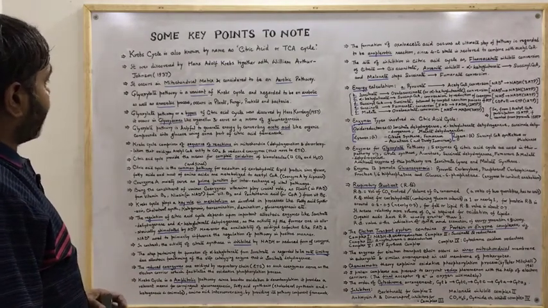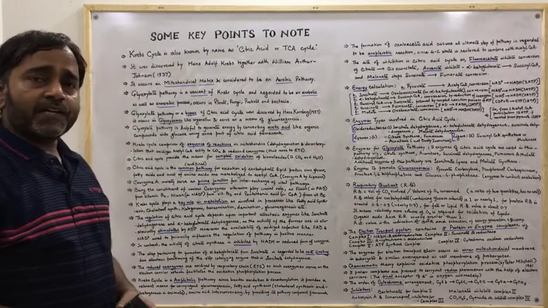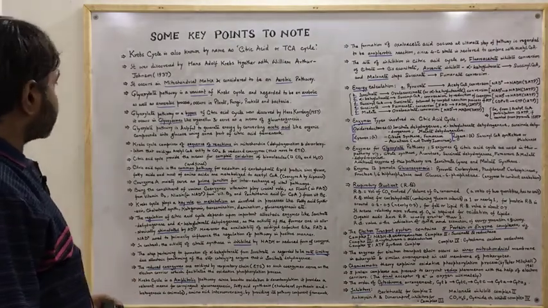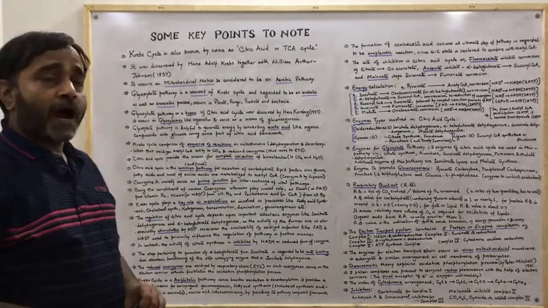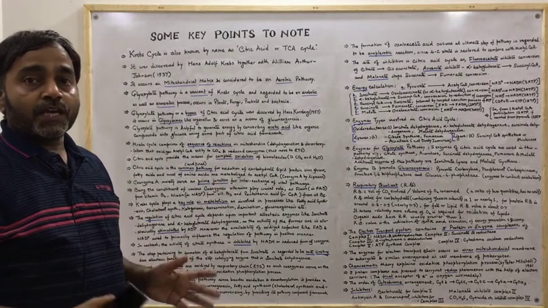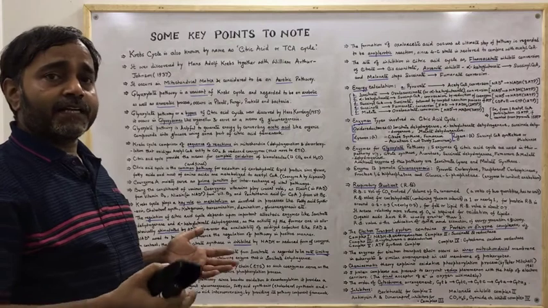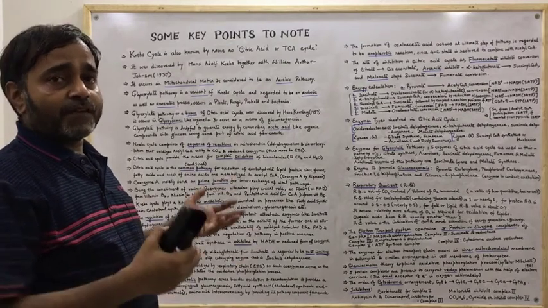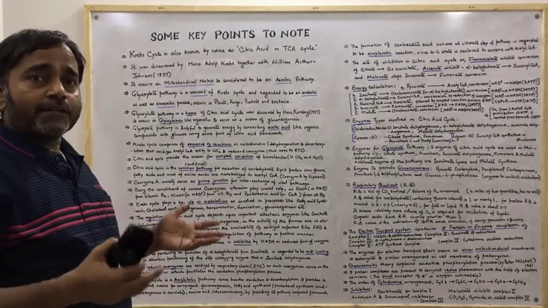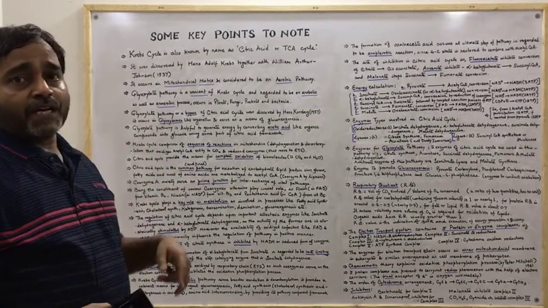Now what is the next point? Glyoxylate pathway is helpful to generate energy by converting acetic acid like organic compounds into glucose using some part of the citric acid framework. This point is very important because if you see the citric acid framework, the carbon skeleton, or you may say the basic framework of Krebs cycle is used, particularly in case of glyoxylate pathway.